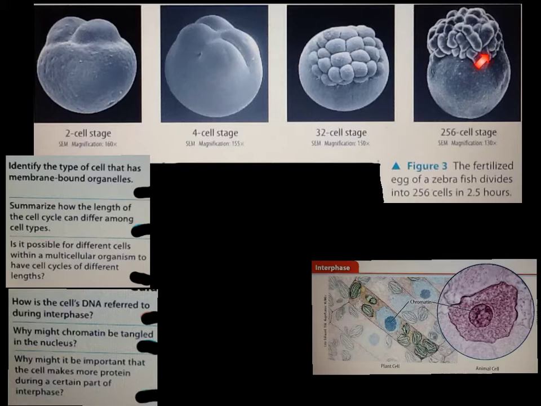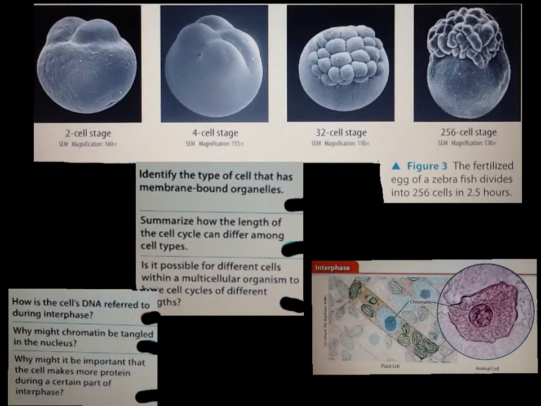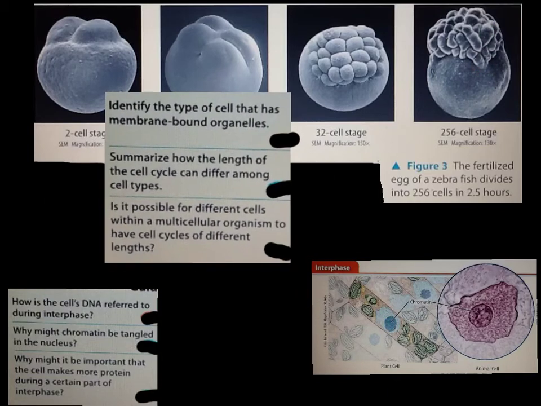All right, so now what I want to do is offer up some questions. That would be these here. You get to pick one. Pick one question to answer, writing it in your science journal, please. Number 1, identify the type of cell that has membrane-bound organelles.